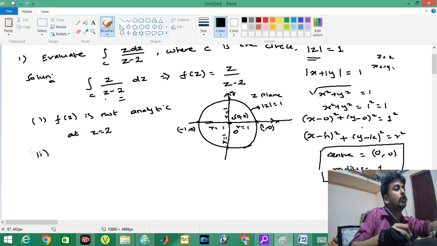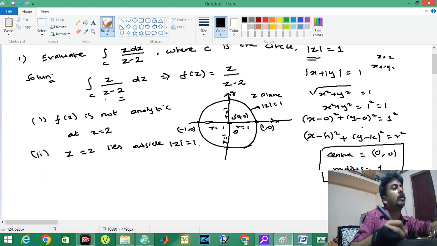Second point: oh my god, if it is not analytic, how to evaluate the integral over the circle? There is no worry about it, because fortunately this point z equal to 2 lies outside modulus of z equal to 1.